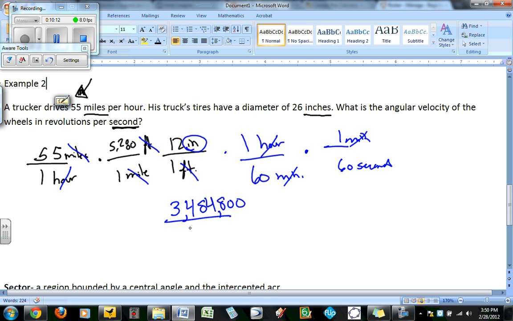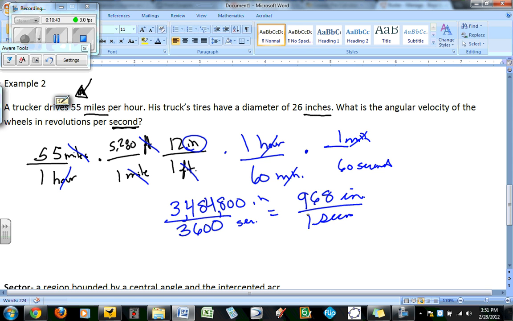And on the bottom we'd have 3,600, because it would just be 60 times 60. So if we divide that, we get 968 inches per second. So I divided this by this and left over with inches per 1 second. So for every second, it's going 968 inches per second.